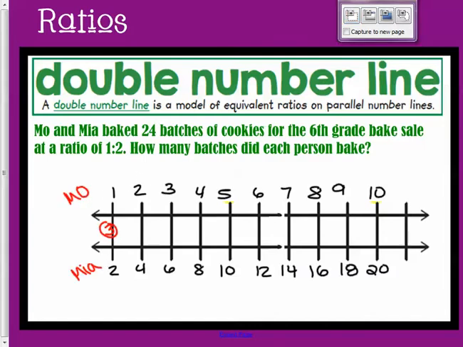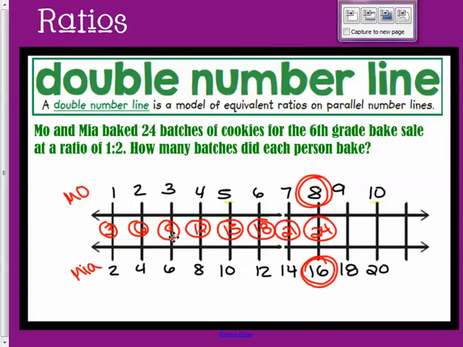So this was 3, this was 6, this was 9. Okay, so this one's increasing by 3s, so I don't have to add them. I can just go up by 3s. 21, and then voila, 24 batches. So Mo is 8, Mia is 16. Together they made 24, and I'm done.